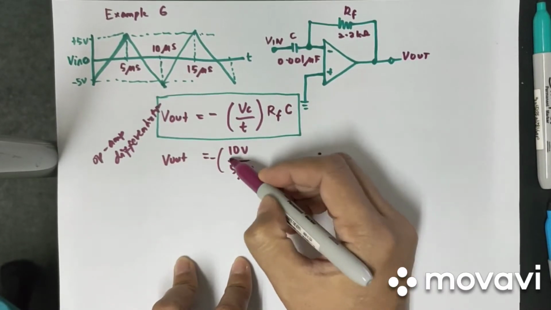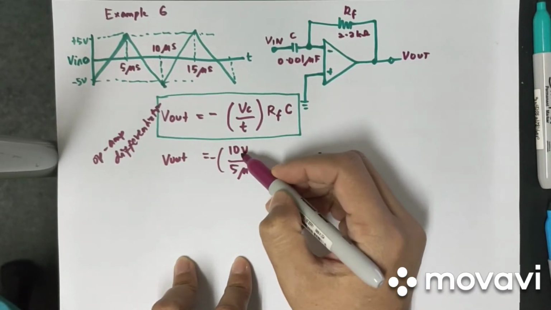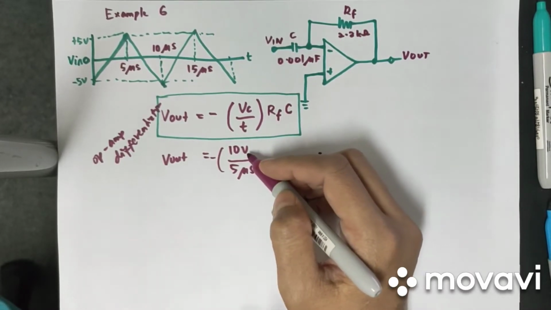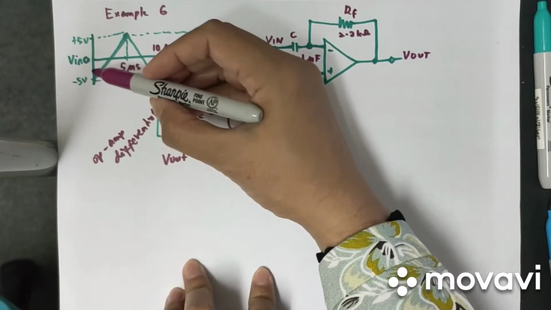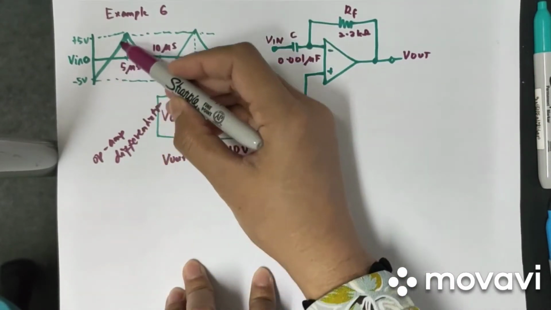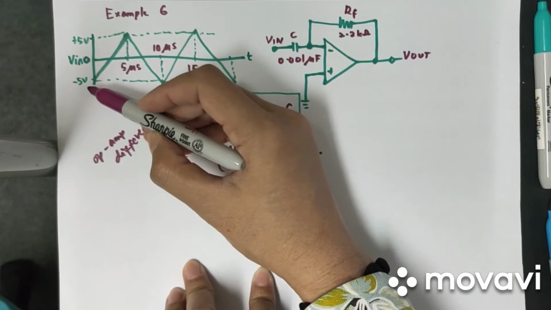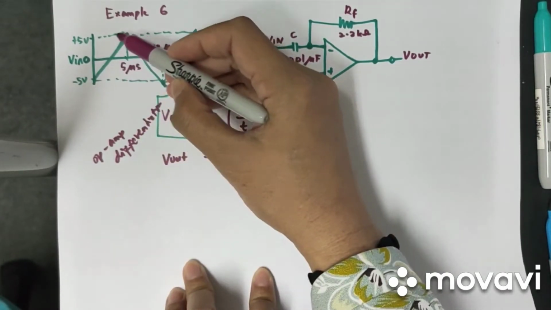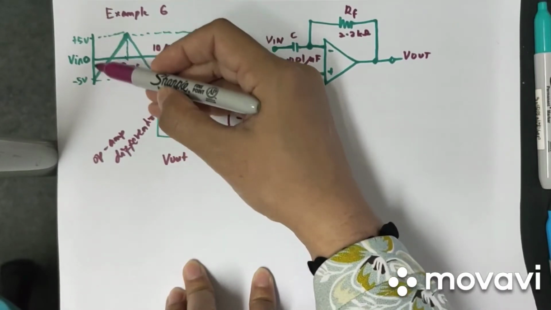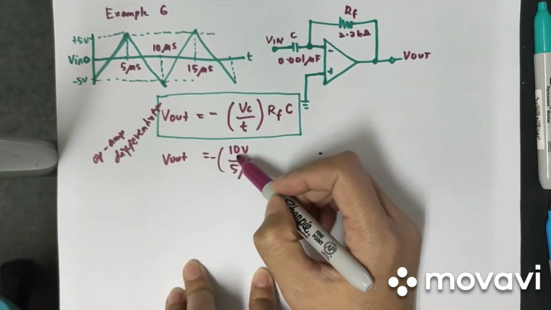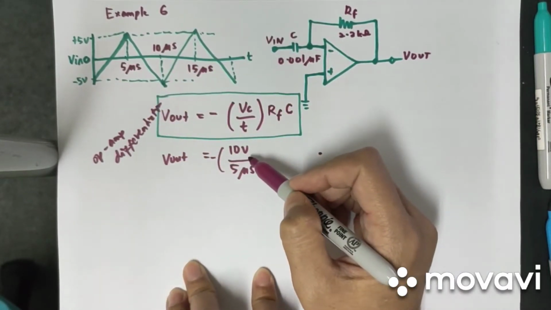VC is 10 volt. How do you get 10 volt? The 10 volt here is getting by the value here. It's a positive going ramp from negative 5 to positive 5 volt, so the difference is 10 volt.